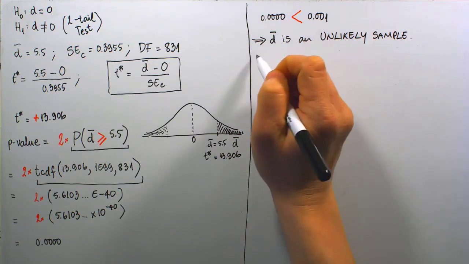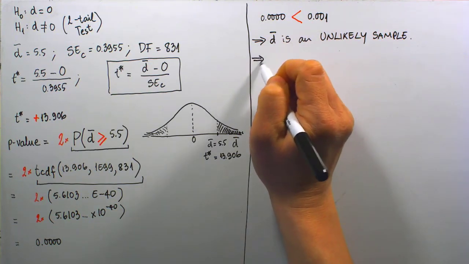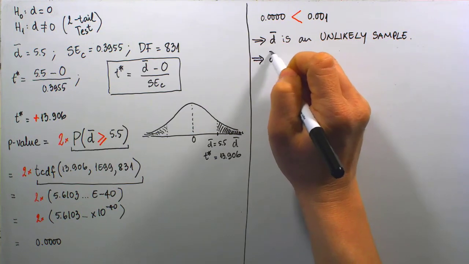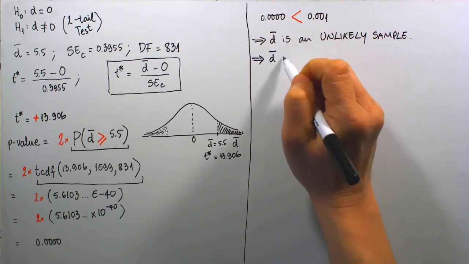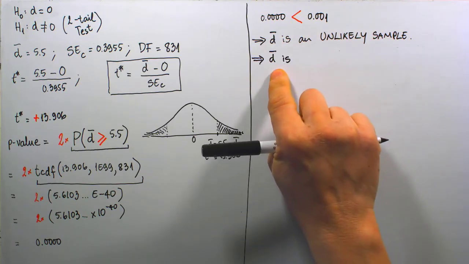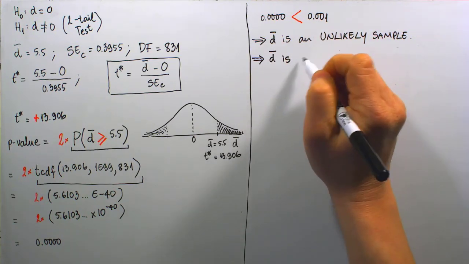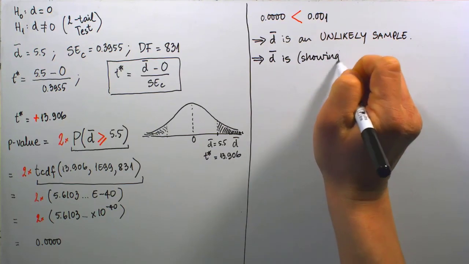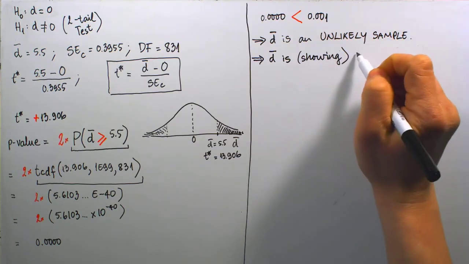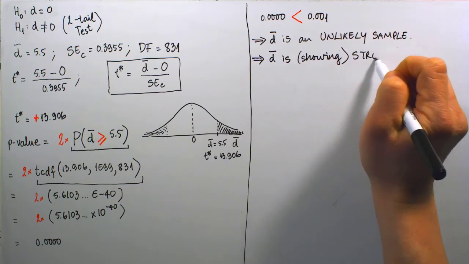And being an unlikely sample further leads to the conclusion that our d bar is itself strong evidence.